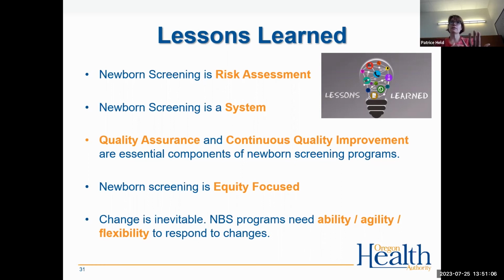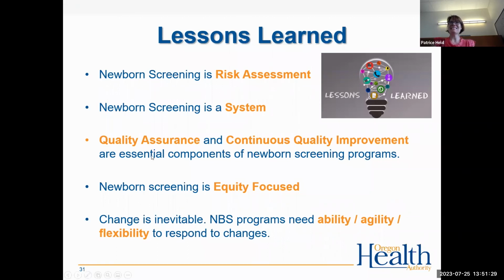As I mentioned previously, newborn screening is a system. It's not just a laboratory test. Each step of the process is equally important and necessary for a public health program. Education, outreach, short-term follow-up, long-term follow-up, all of them are critically important.